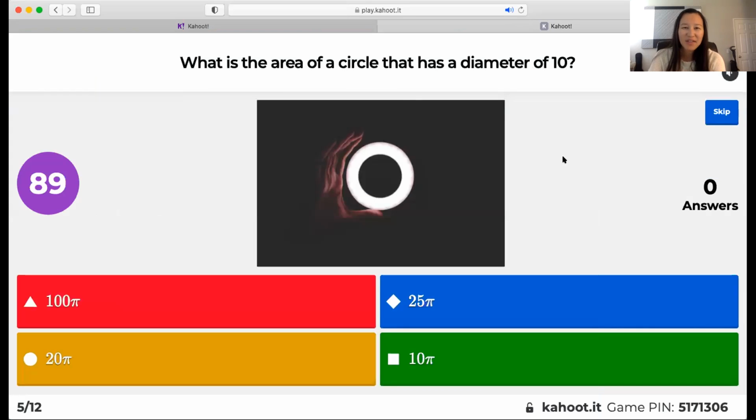What is the area of a circle that has a diameter of 10? The area is pi times the radius squared. So you got to find the radius first. So if the diameter is 10, the radius is half of that.